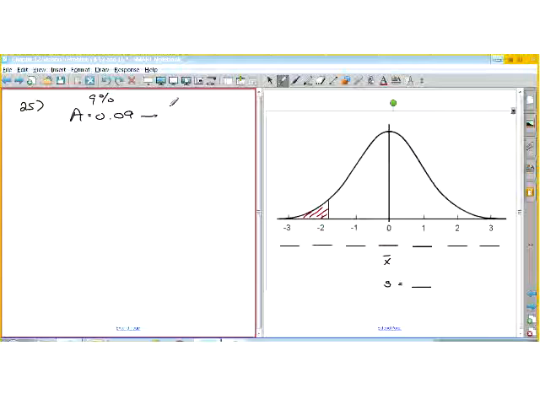Then you go to your table, and instead of looking in the z column, you look in the A column. So if we start in the first set of z and A, you take your finger down and just follow the A till you get to 0.09, and you can see it's about 0.23 for z.